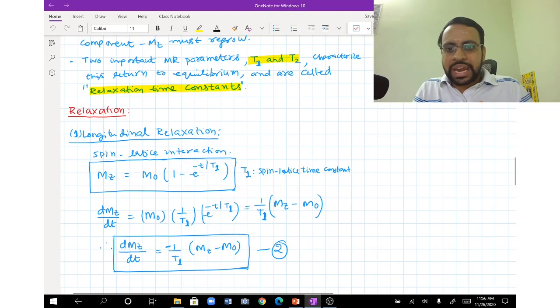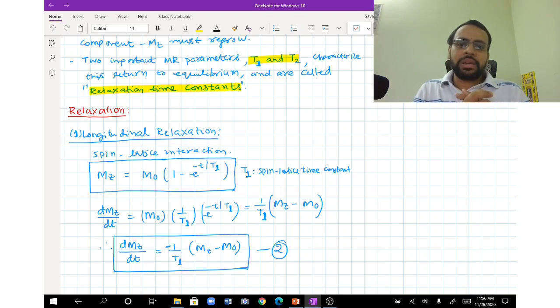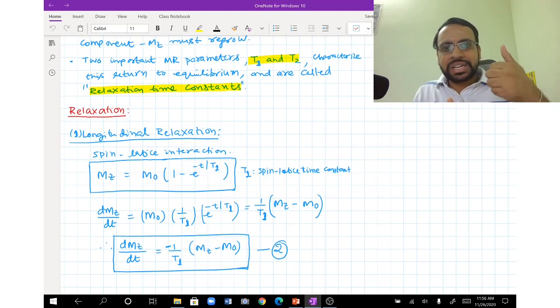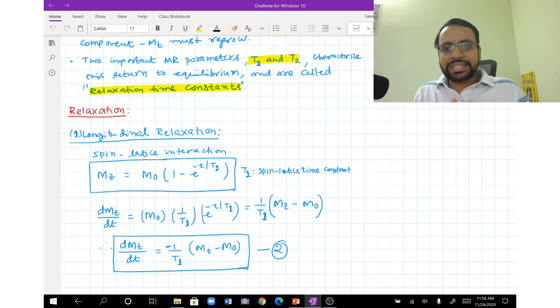So you could say that Mz equals M naught into 1 minus e to the power of minus t over T1. This T1 is telling you at what rate it is going to come back. These equations you can compare with the voltage across capacitors, or the current across inductors. You would see a very similar behavior here.